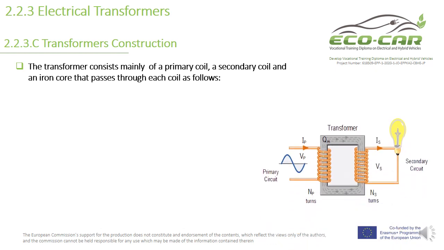So this is the transformer, we have the AC signal, and also the AC output. This is the secondary current. This is the secondary voltage. We have AC to run this load as an example. This is a lamp. So this is the construction of the transformer.